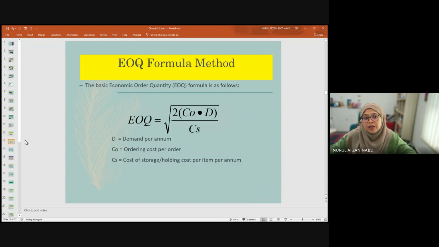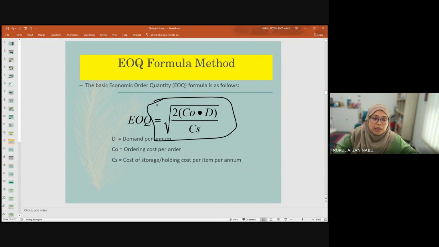So this is the first formula yang you perlu faham dan you kena memorize. Okay, I will explain to you about this formula. Right, so the formula method using this formula, di mana formulanya adalah punca kuasa 2 darabkan dengan CO. CO adalah ordering cost per order.